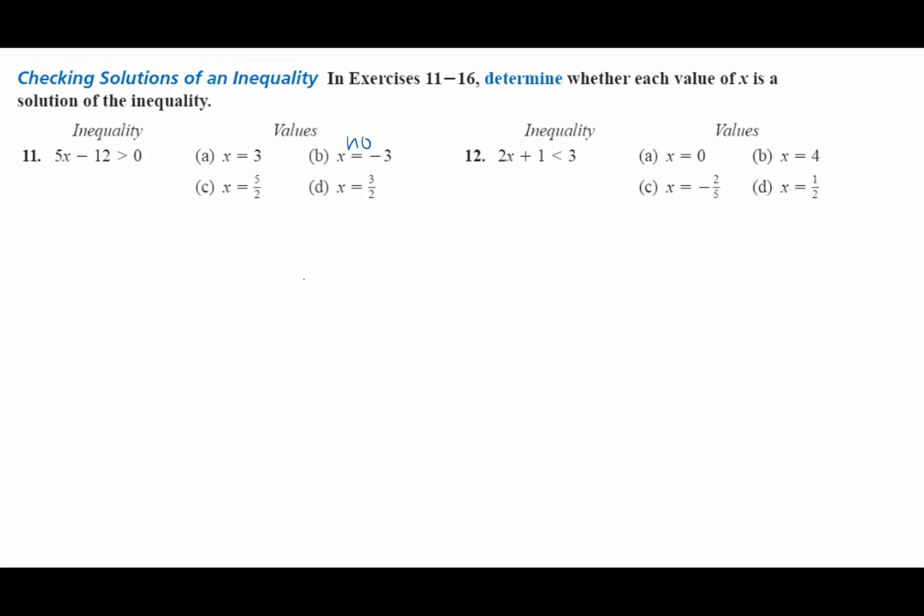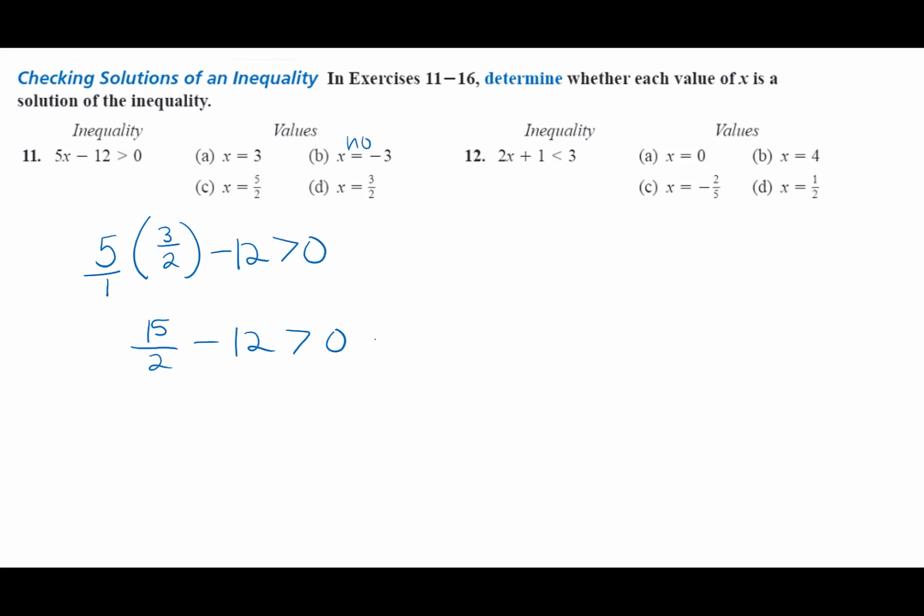Okay, let's do the same thing, except this time let x be 3/2. This is 5 times the fraction 3/2 minus 12 greater than 0. Anytime you're multiplying a whole number times a fraction, you can put a 1 in the denominator for the whole number and then multiply the two numerators together, which would be 5 times 3 is 15, and multiply the denominators together, which is 1 times 2, which is 2.